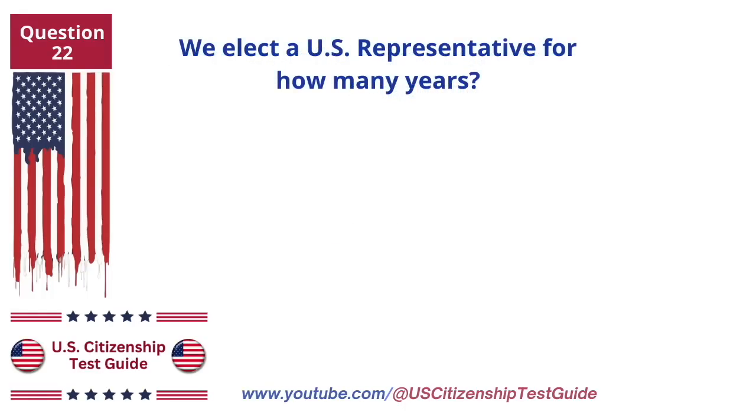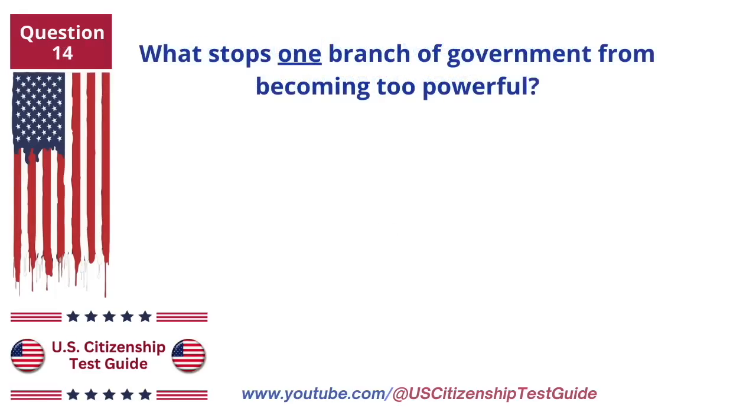We elect a U.S. representative for how many years? Two. What stops one branch of government from becoming too powerful?